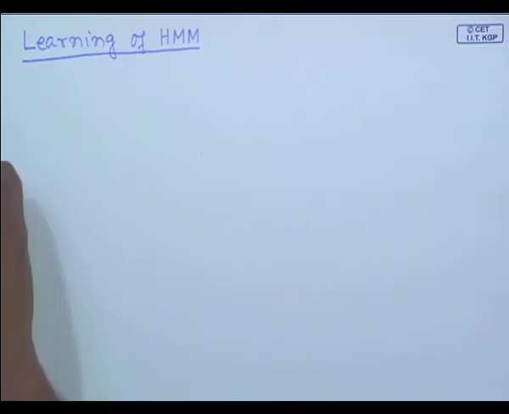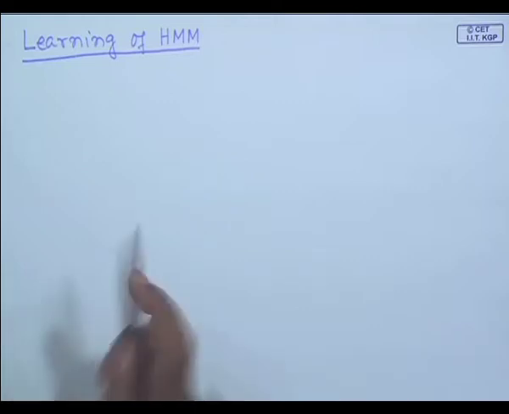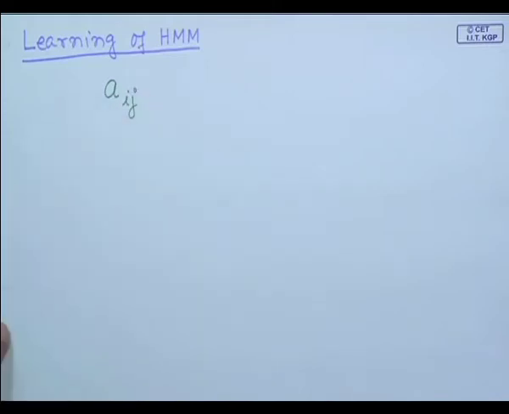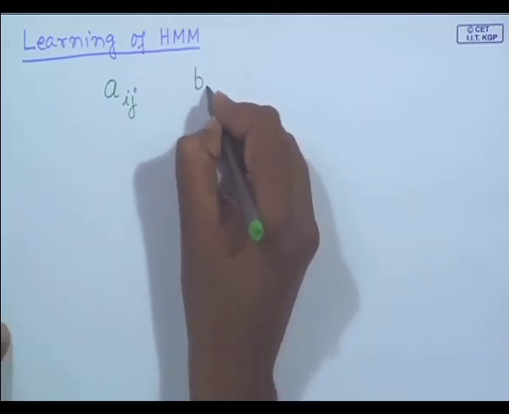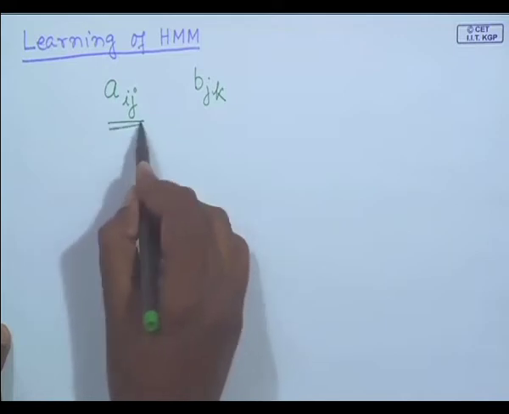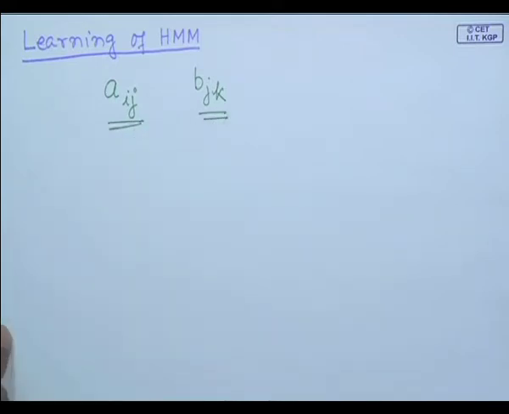By learning or training a hidden Markov model, what we usually mean is that we have to estimate the transition probabilities a i j and b j k. These are the two parameters of the hidden Markov model which need to be estimated through the learning process.